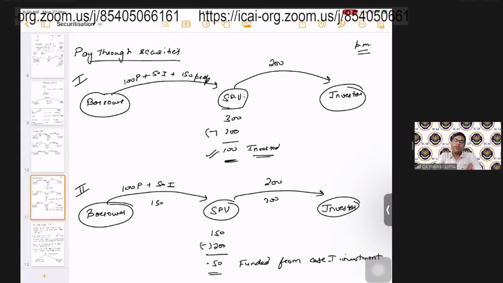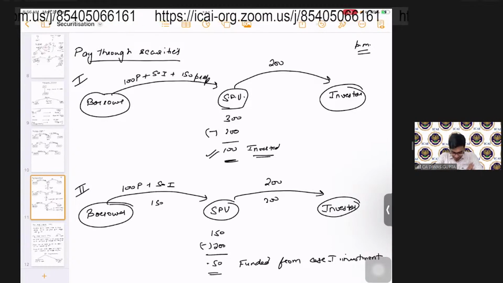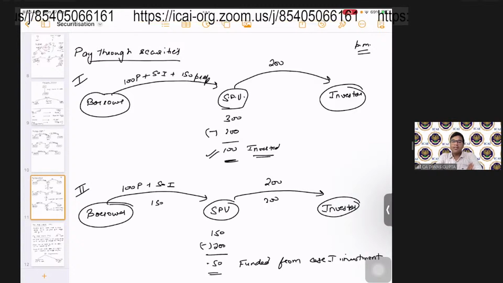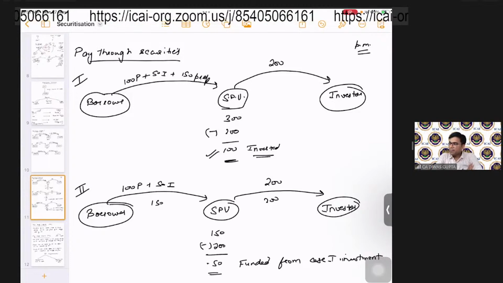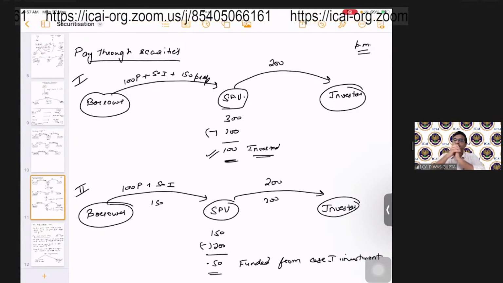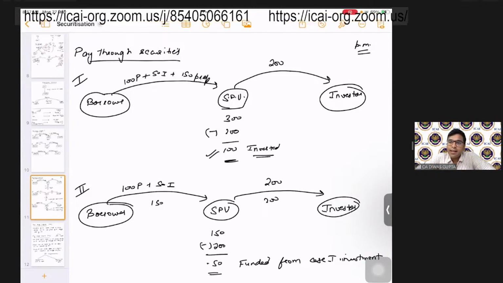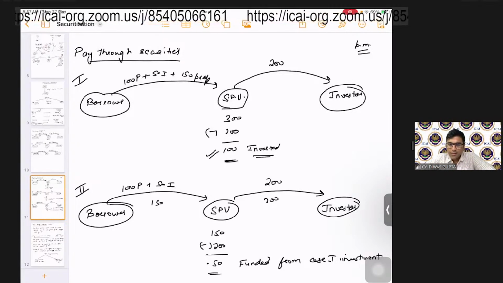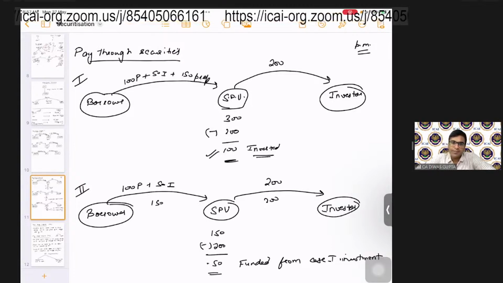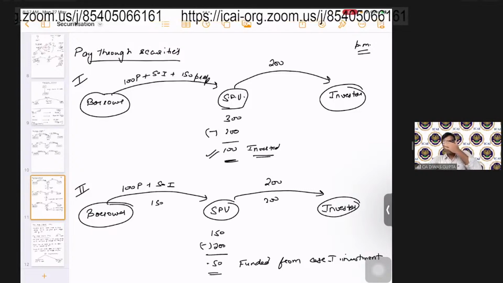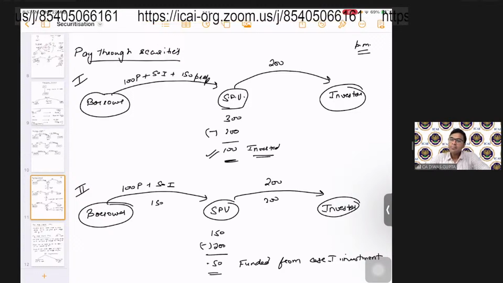Let's understand pay-through securities, students. Again, we will take all three cases that we have just seen. First one, the borrower is paying 100 of principal, 50 of interest, and prepaying 150. Now, pay-through securities have committed that they will always pay 200 rupees, irrespective of the cash flow of the SPV, as per the terms of the security that is issued.